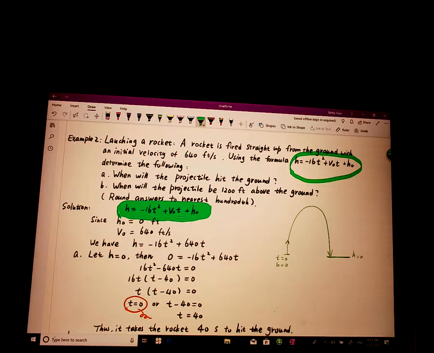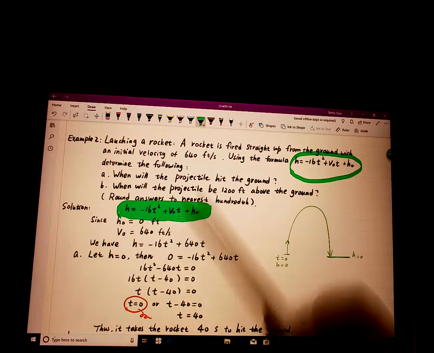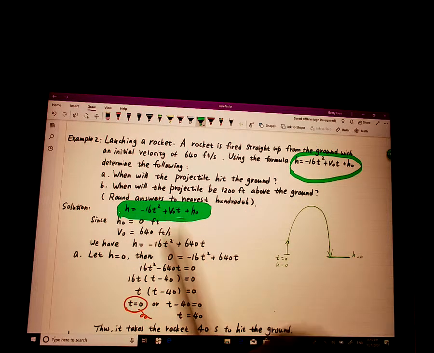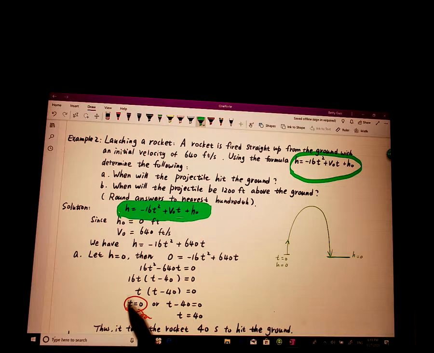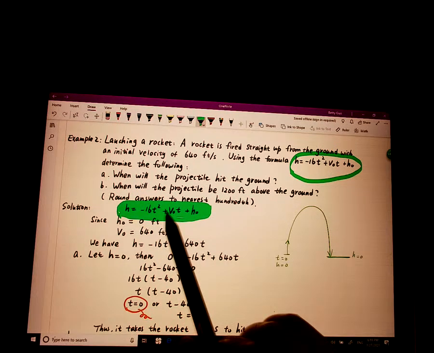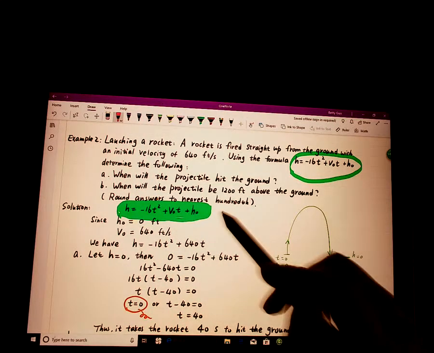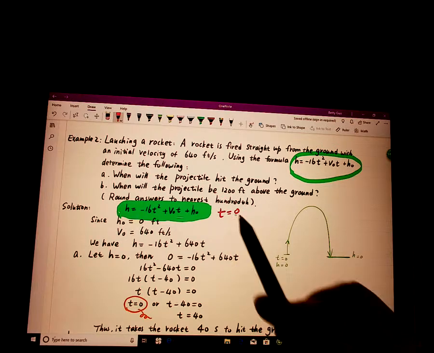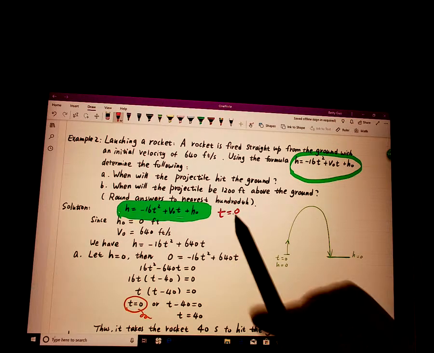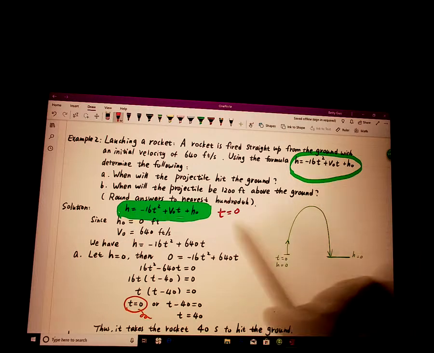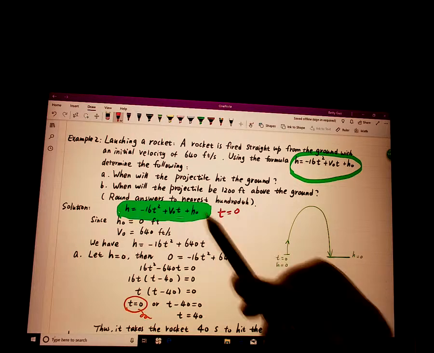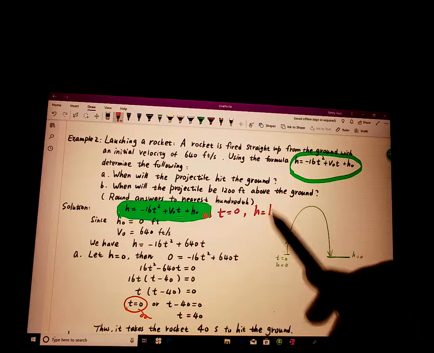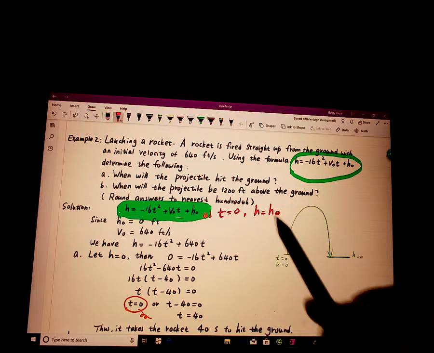Before we go ahead to figure out the time when the projectile hits the ground, we want to think about the values of v sub 0 and h sub 0. What does that mean? H sub 0: if you let t be 0 in this function, that means initially, at the very beginning, the height is h sub 0.